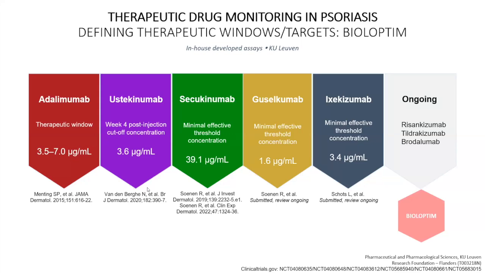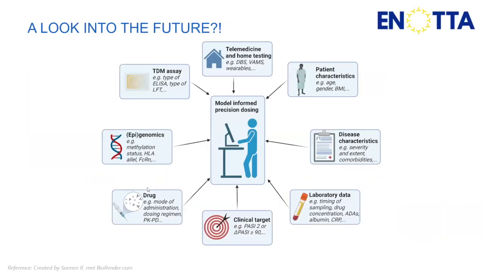We're still continuing our research, and these drug concentration measurements were mostly done by the Catholic University of Leuven with in-house developed assays. Jurij also mentioned model-informed precision dosing. This is the future for us as well. TDM will help us with dose escalation and de-escalation, but it cannot tell how precisely we have to change the dose.